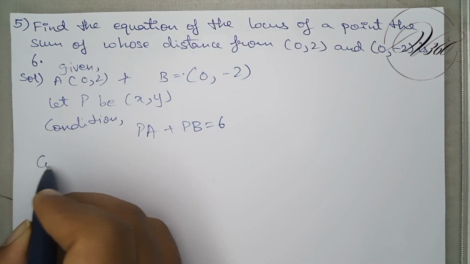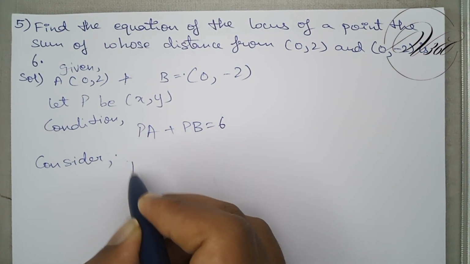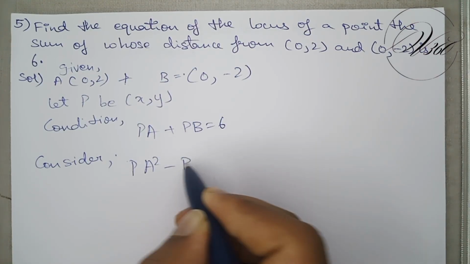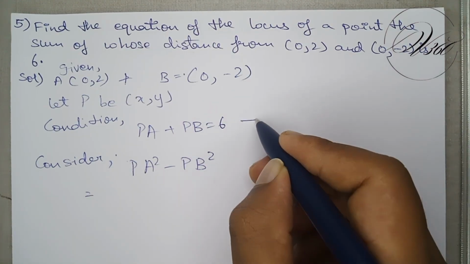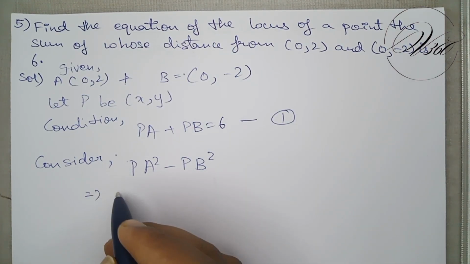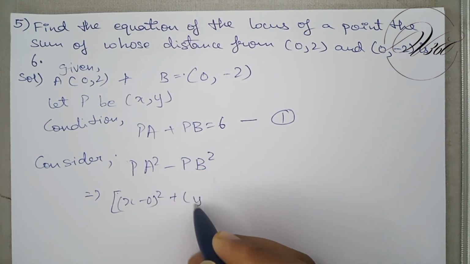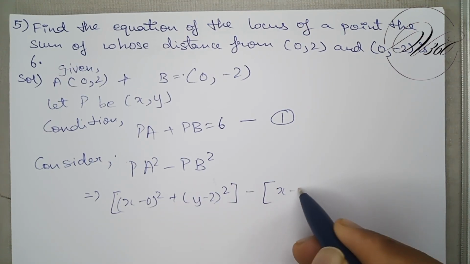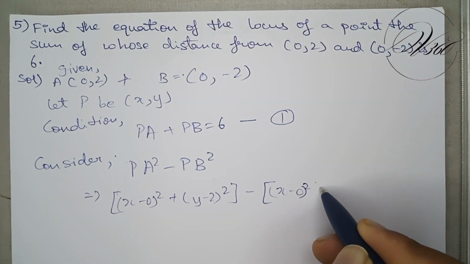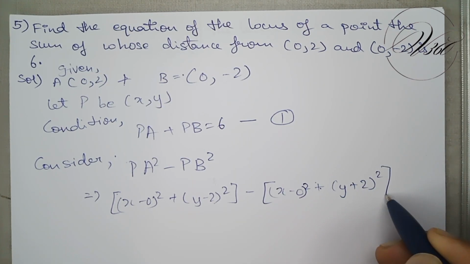Let us consider the same PA square minus PB square as we did in the last problem. Now let us take this as the first equation. I will write directly: PA square is (x minus 0) whole square plus (y minus 2) whole square, alright, minus (x minus 0) whole square plus (y plus 2) whole square, right.